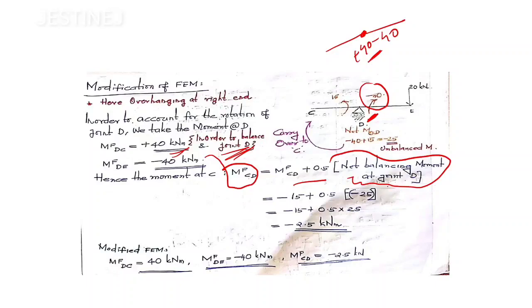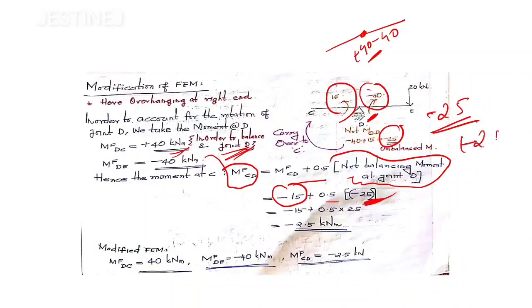At joint D, you can observe that there is minus 40 acting here and plus 15 acting here. If you calculate, you will get minus 25 as the unbalanced moment. So if you substitute, minus 15, that is the M of CD value, plus 0.5 multiplied by plus 25. The unbalanced moment is minus 25, and to balance you have to put plus 25.